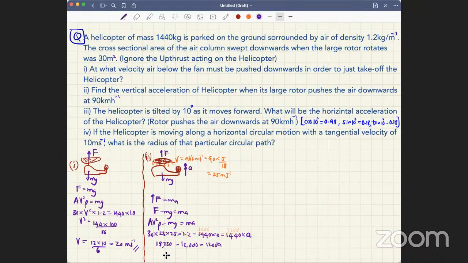So a is in fact equal to 6,750 over 1,200. So 675 over 120, which is 135 over 24. Is it? Which is 45 over 8.